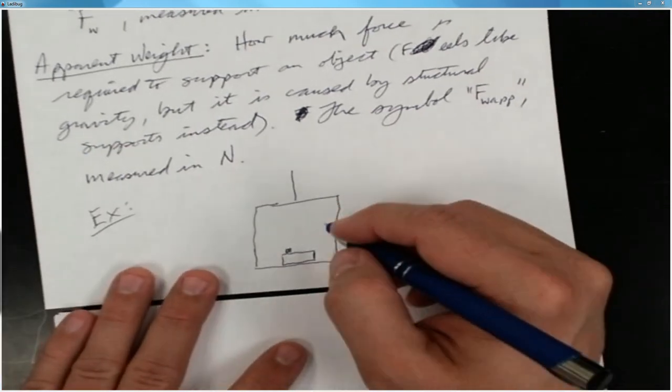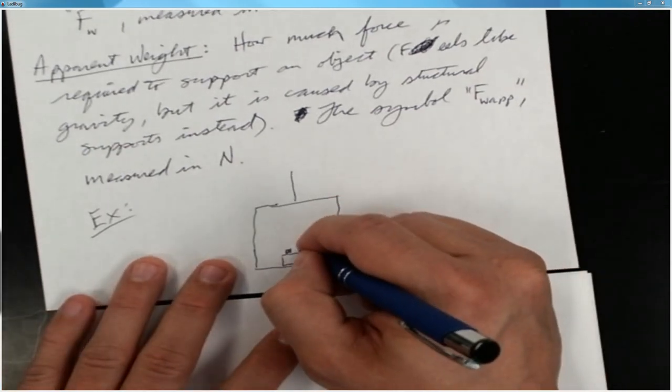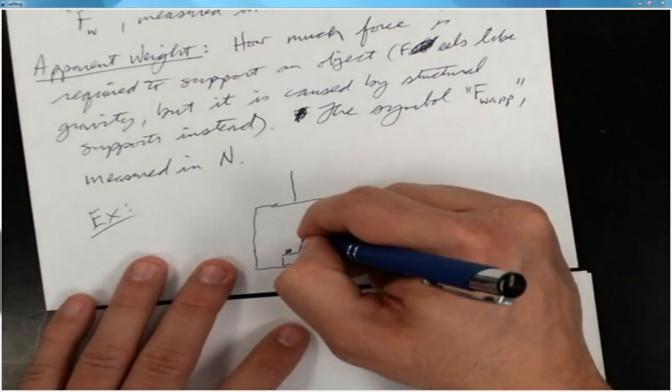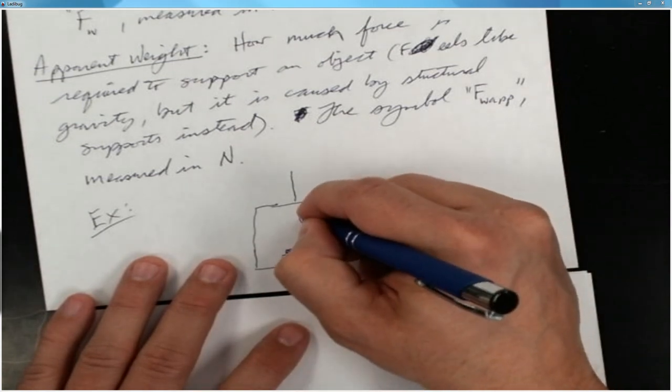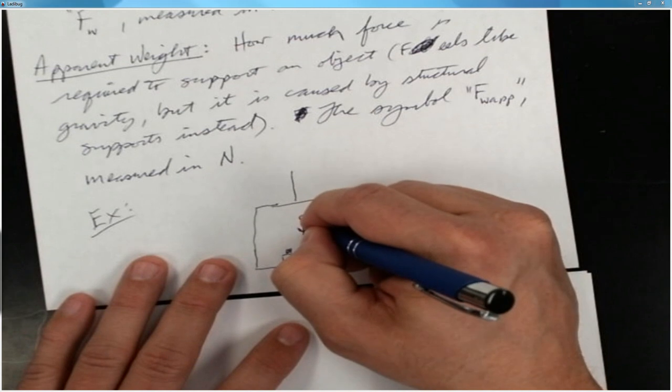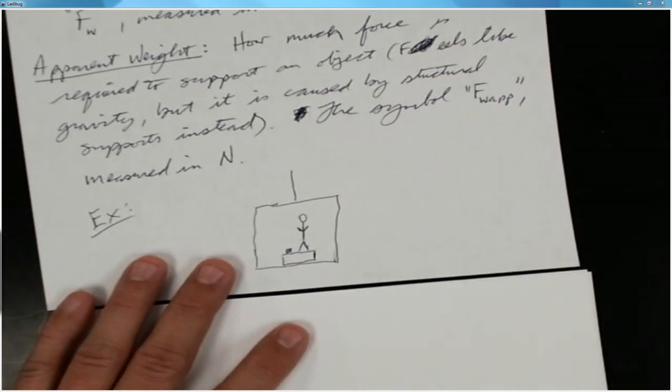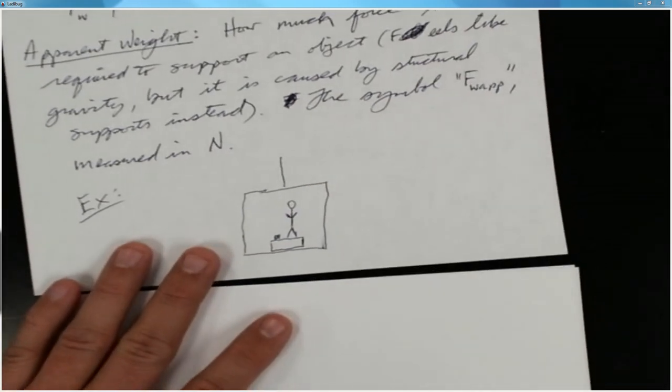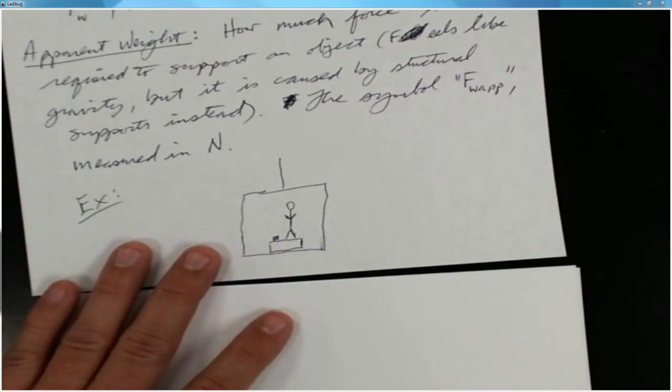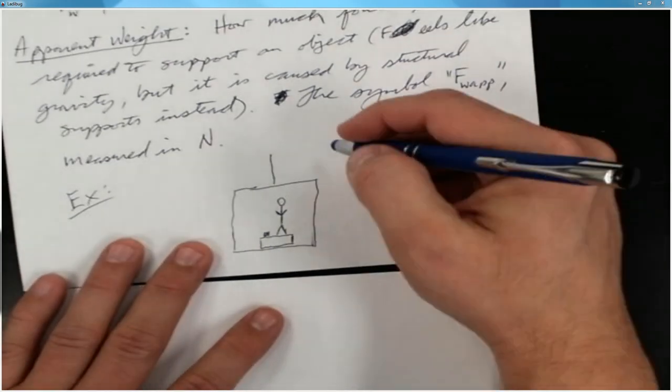He takes his bathroom scale with him everywhere he goes. And so, unafraid of the weird looks that his fellow passengers might give him, this person stands in the elevator on his bathroom scale, looking like he has lost his marbles.